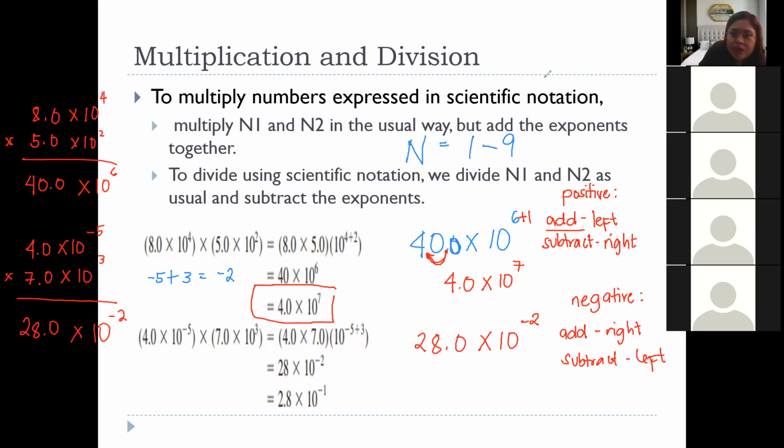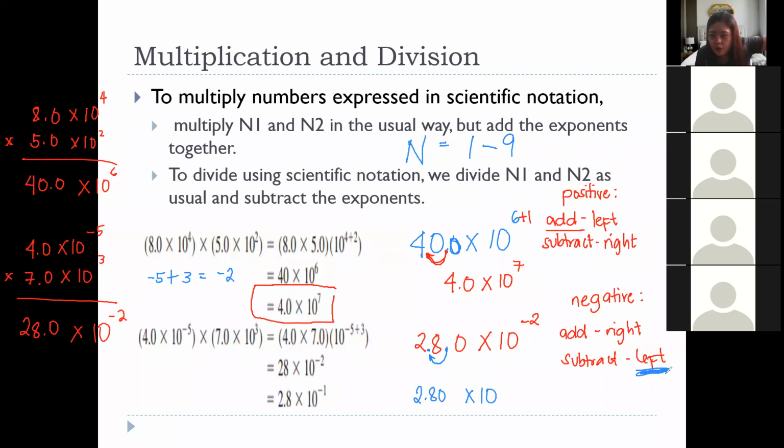So just like this one, we will be moving it. We should make it between 1 to 9. So to make it 1 to 9, we move the decimal again. So it becomes 2.8 or 2.80, that's the same thing, times 10. And what happened now to our exponent? Where is our movement going? To the left.